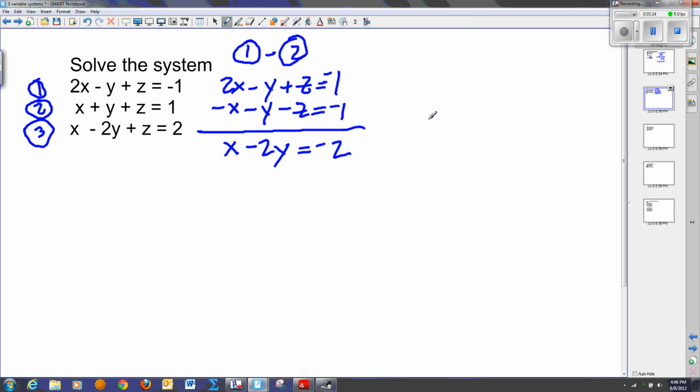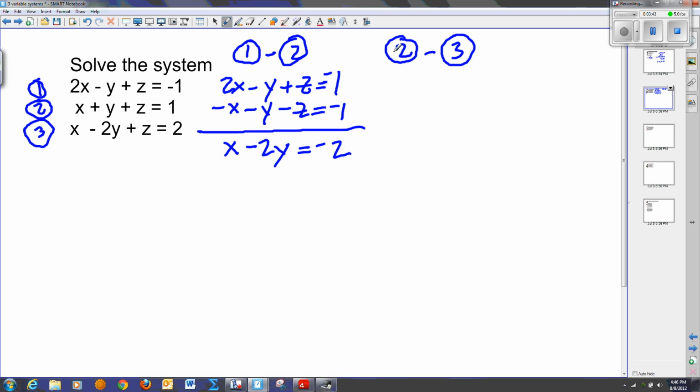I'm going to do the same now with equations 2 and 3. Notice when we do this, we're going to find something else out that we could have done in the first place. But for those of us just taking a quick glance, this may have been our first step.